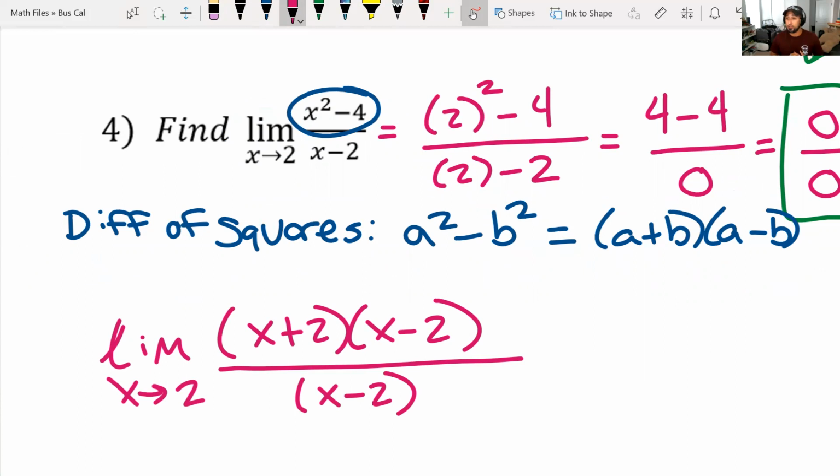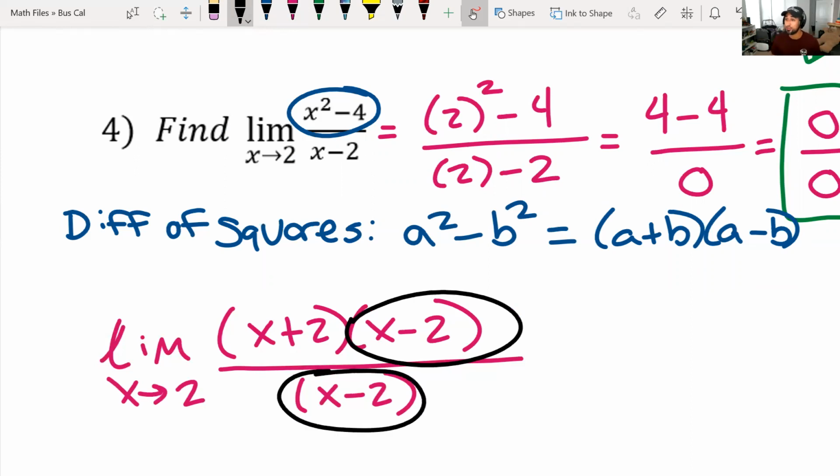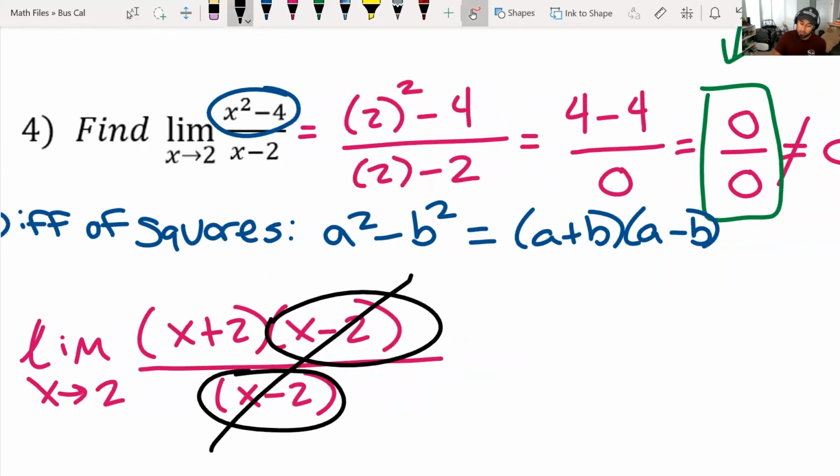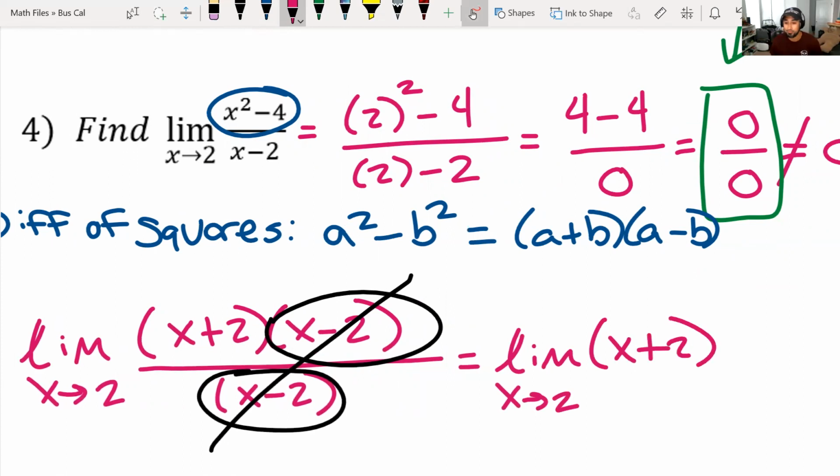And now what you see on the next step is you can simplify more. You see that you have an x minus 2 here and an x minus 2 there. So those can cancel, which leaves you with a new limit of x plus 2, where now it is safe to plug in 2.